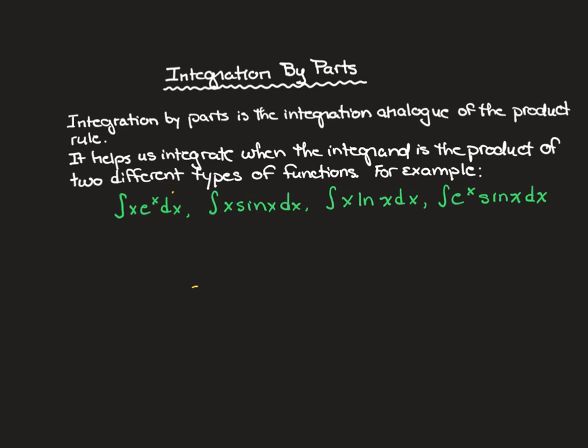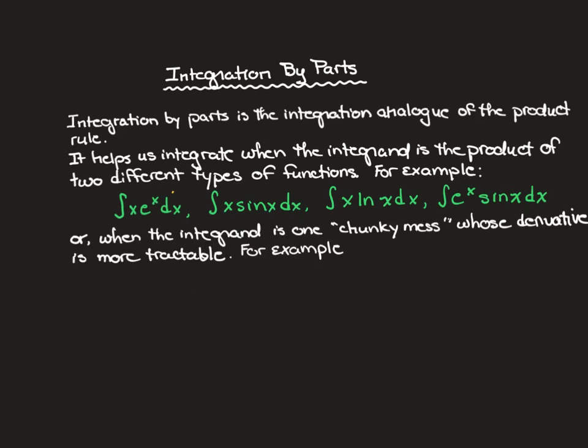But another type of integral for which integration by parts is really useful is when the integrand is just one chunky mess whose derivative is simpler than itself. For example, we might be interested in integrating just natural log x, or integrating arctan x, or the integral of arc sine x.